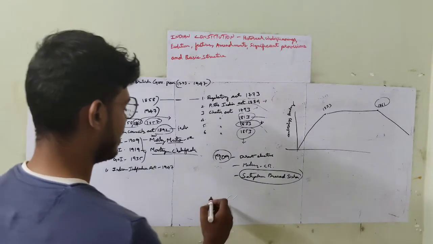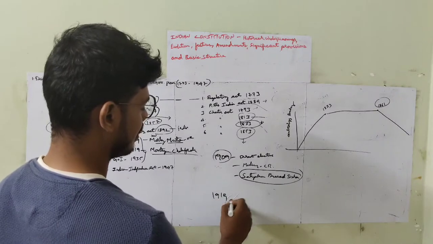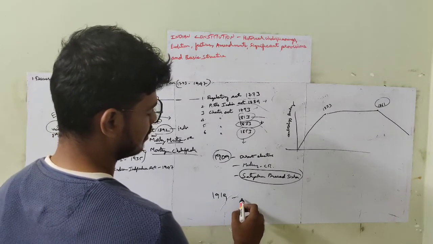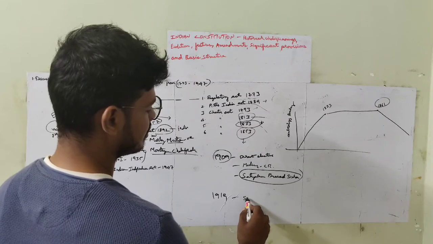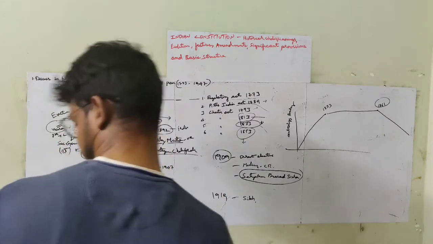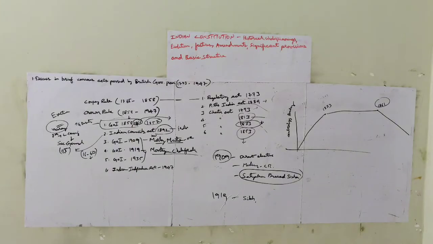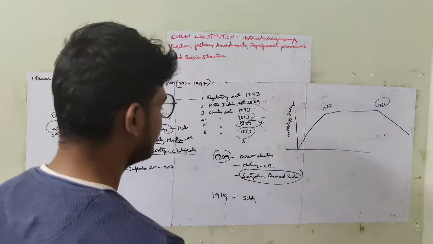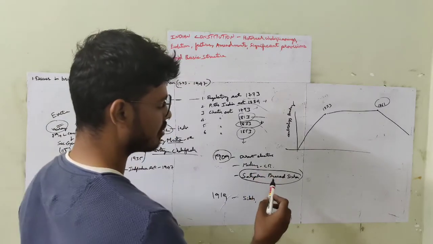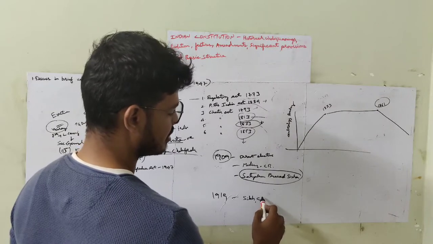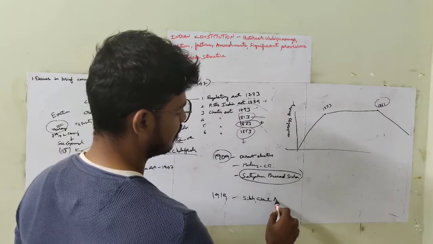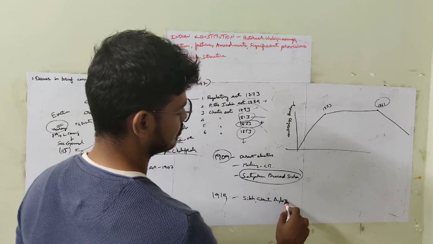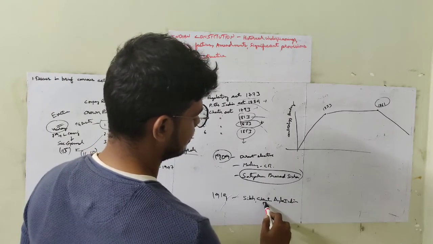Okay, in the 1919 Act, along with Muslims, Sikhs, Anglo-Indians, Europeans, Christians. So communal electorate was extended to Sikhs, Christians, Anglo-Indians, and Europeans.